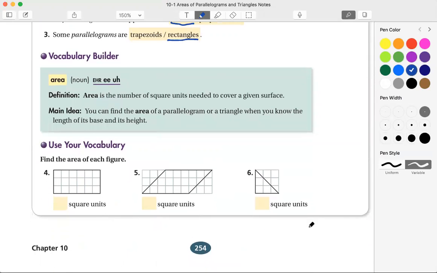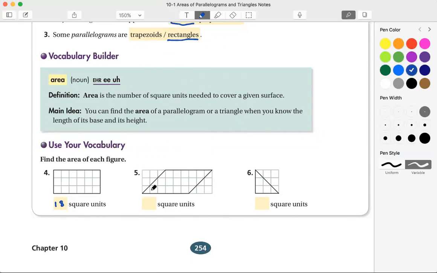So let's try a couple. Let's look at number 4. Here's a rectangle, and to find the area, we just count the number of square units. We have 1, 2, 3, 1, 2, 3, and so on, and it comes out to be 18 square units. Now let's take a look at number 5.